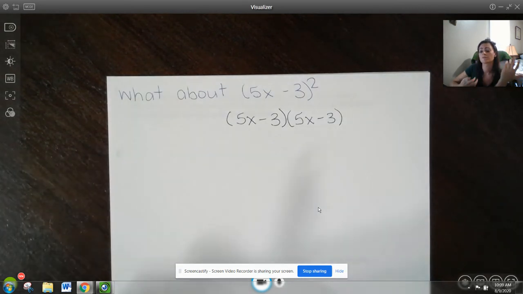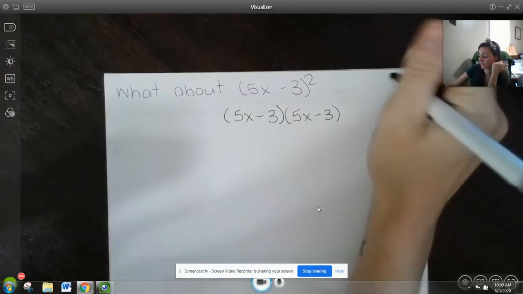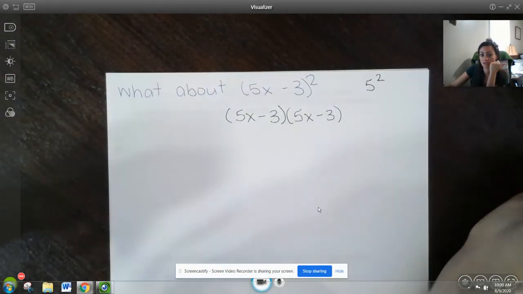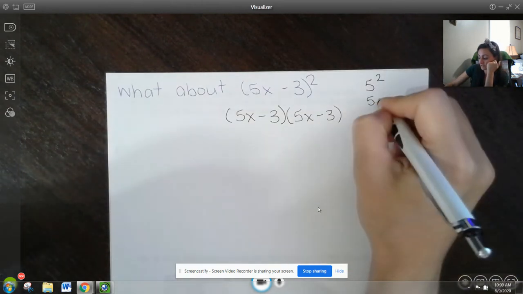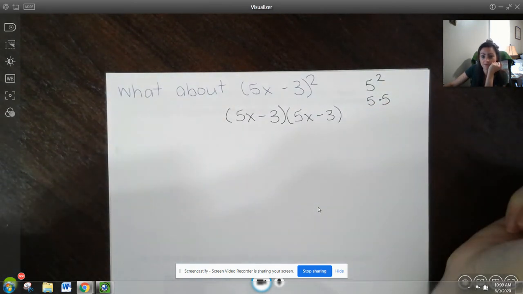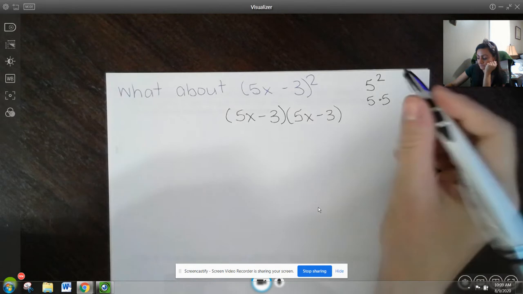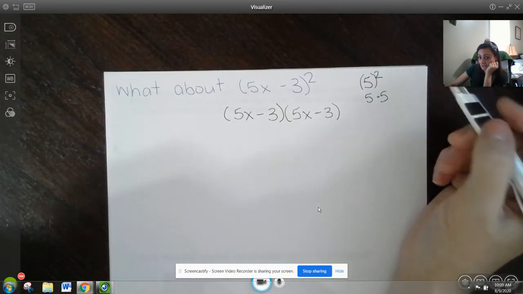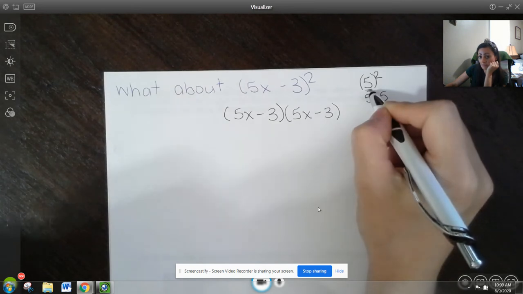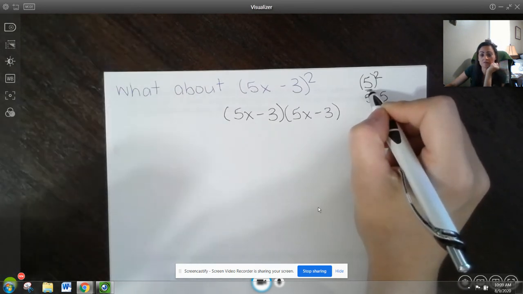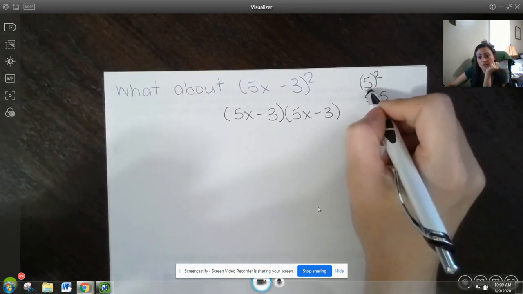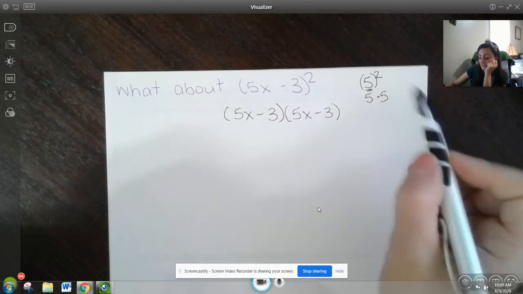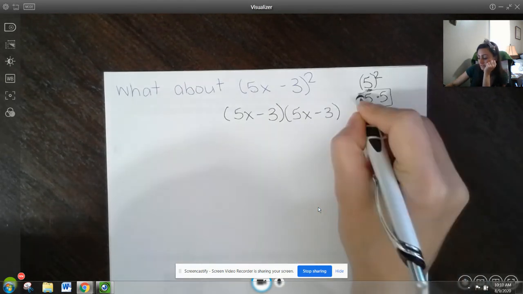Because if you remember, when we first started learning about what exponents mean, if I saw something like 5 squared, that meant I was doing 5 times 5. Now, what I've done is I've changed this piece inside of the parentheses that I put around 5, from 5 to now a binomial. It does not change this principle.